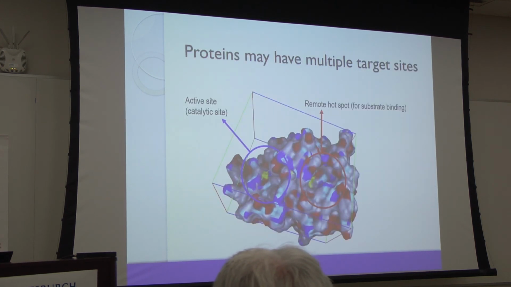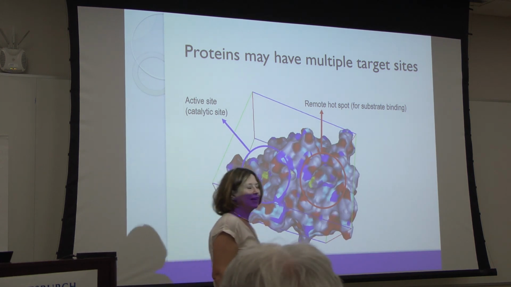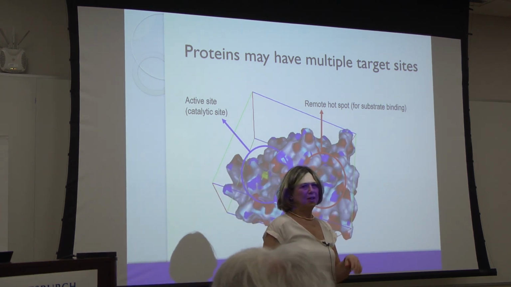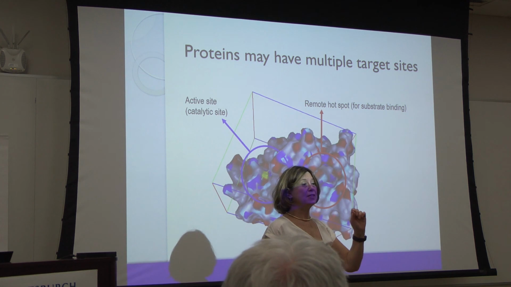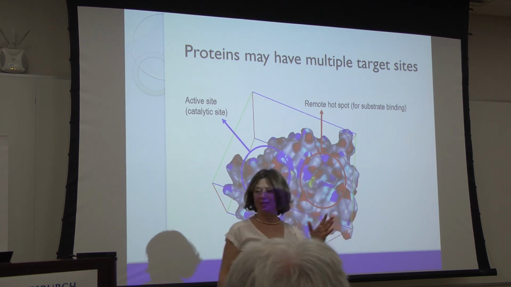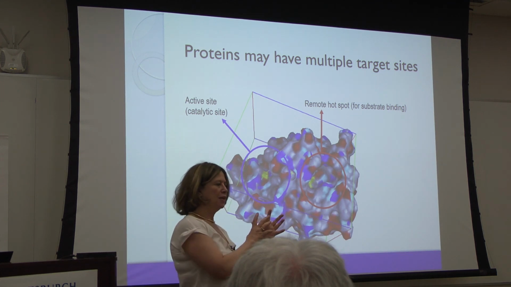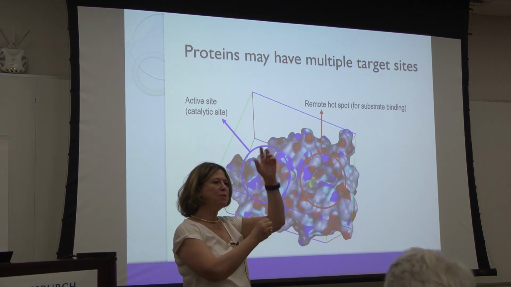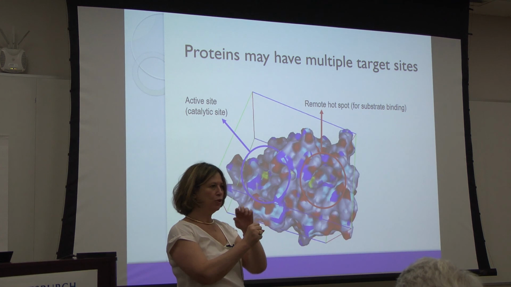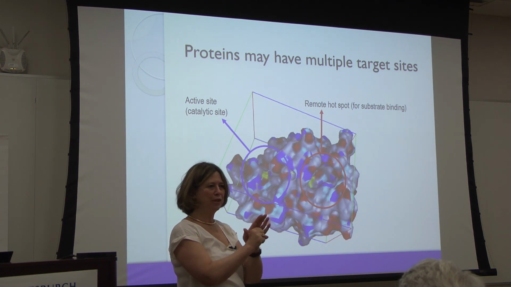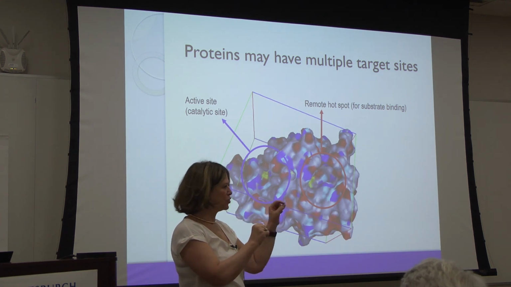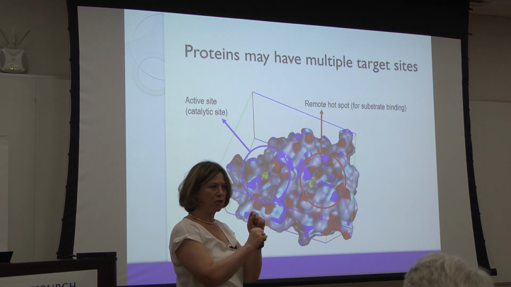What is beautiful also is that nowadays the catalytic site of enzymes is not targeted anymore. You know that? Because a given protein, a given kinase, may be involved in multiple pathways. You don't want to kill the enzyme altogether. You would like to affect a certain pathway, a certain function.